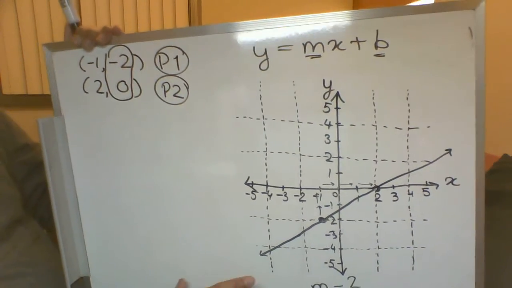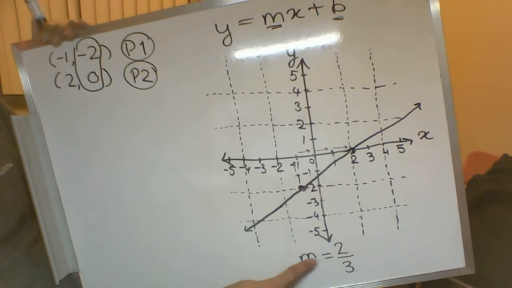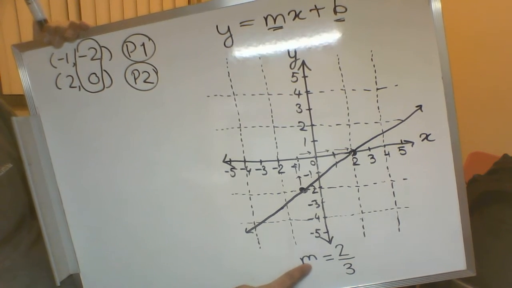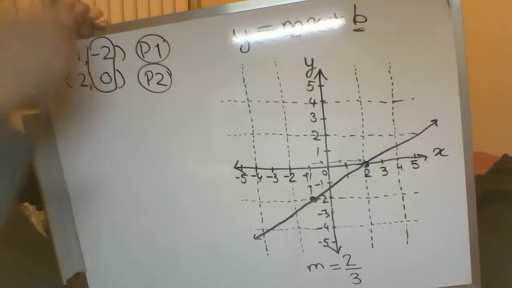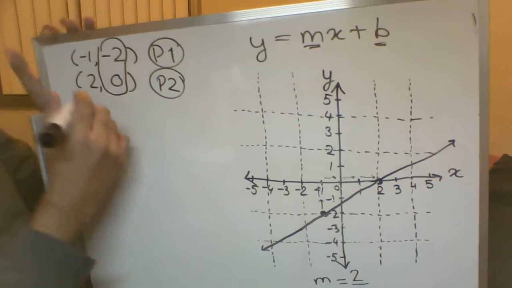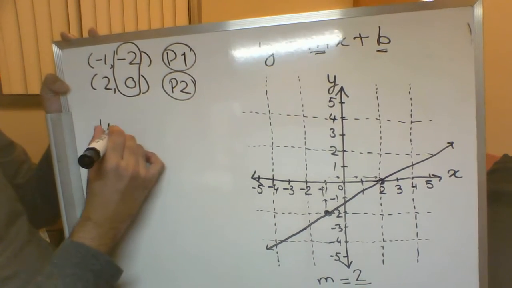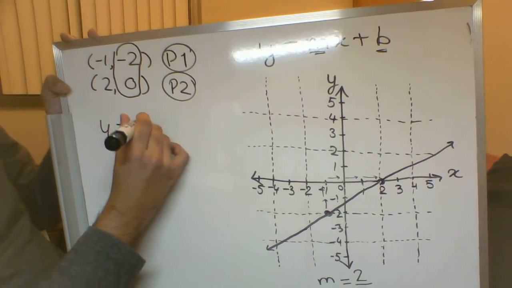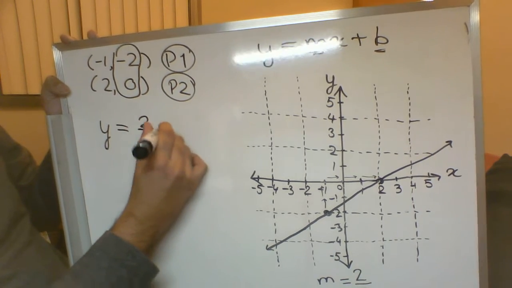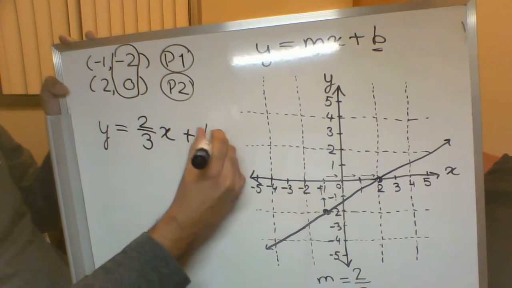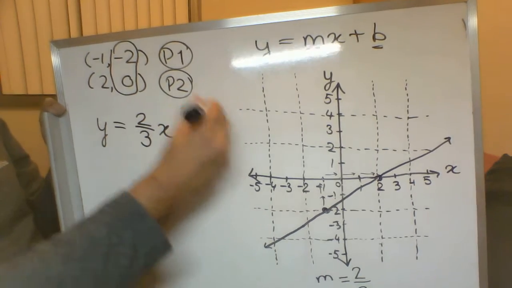What we do have is this slope down here of 2/3. We know m is equal to 2 over 3. So right now, our equation for our line looks like this: y is equal to 2 over 3 x plus b. And we need to figure out what b is.